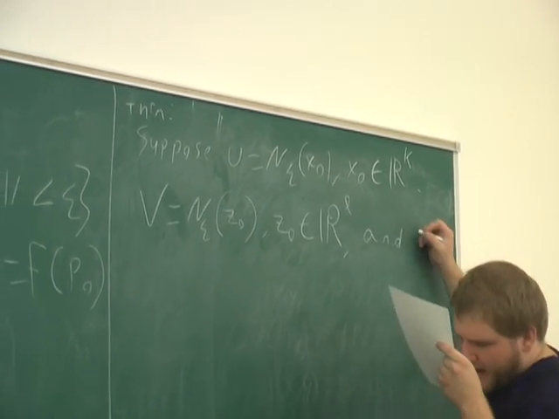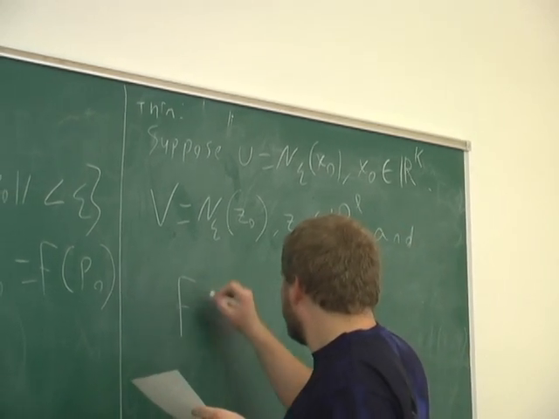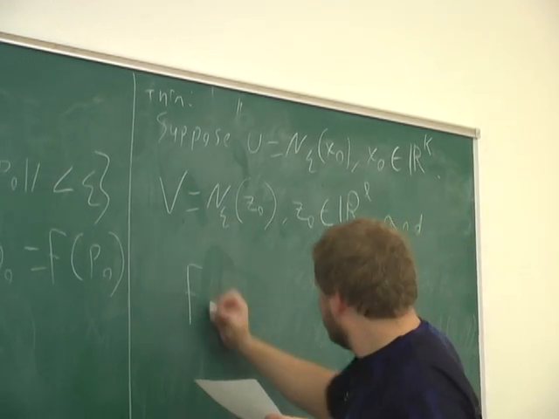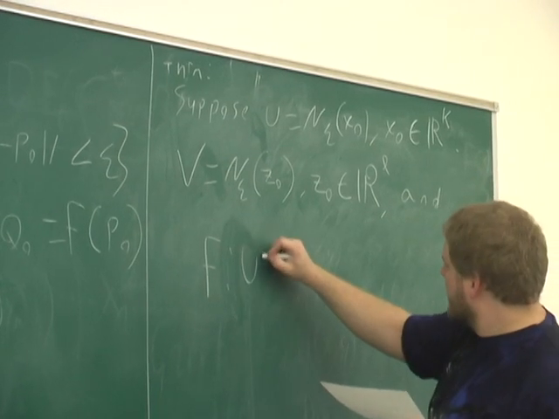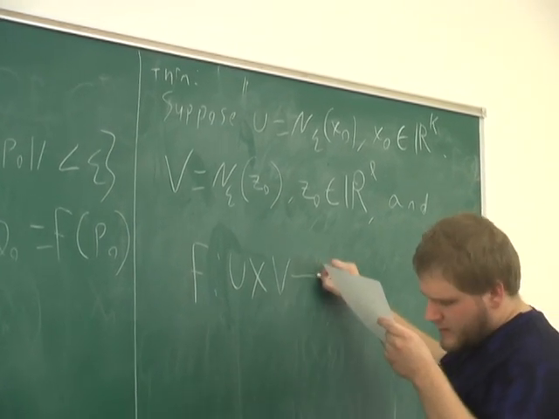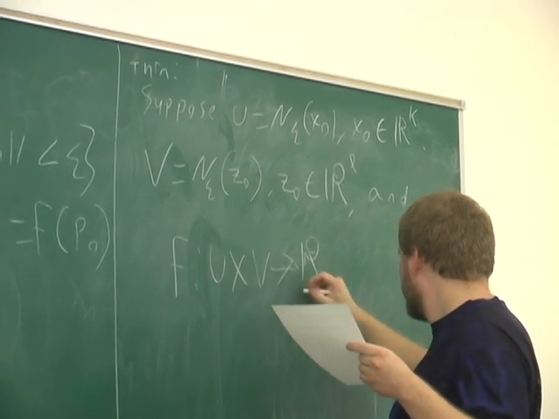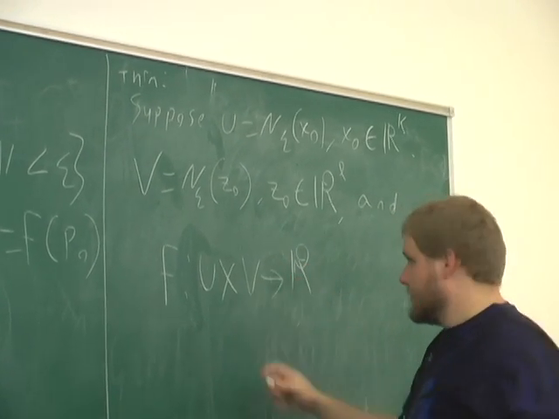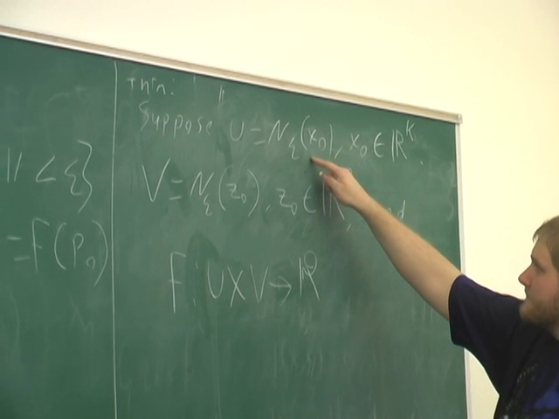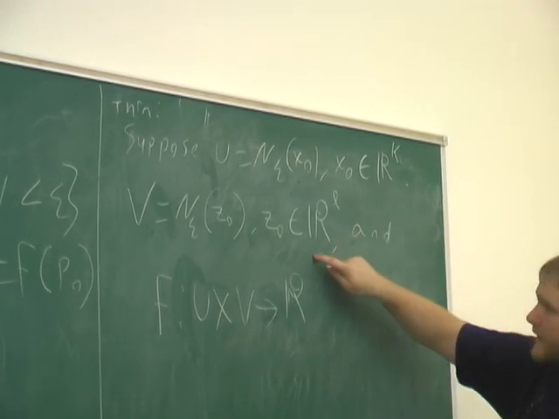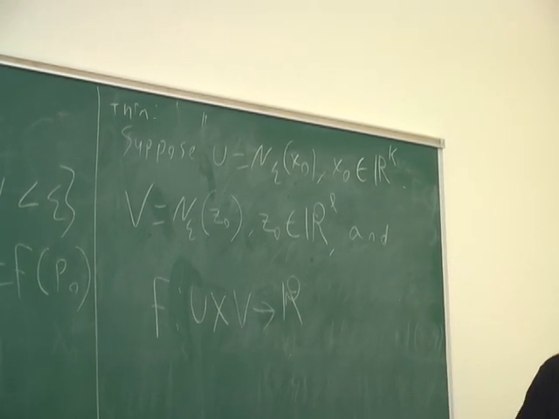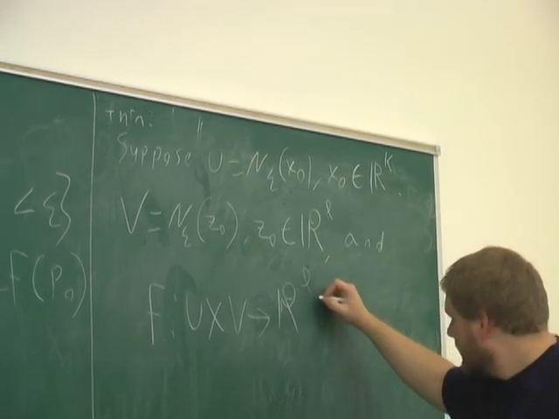And we have a map defined on U cross V into RL. So this is a map that takes the cross product of these two vector spaces, so it takes an element of one and the other into RL.